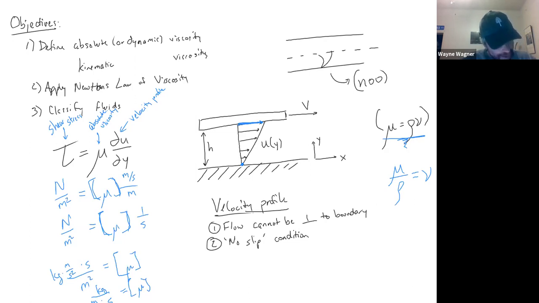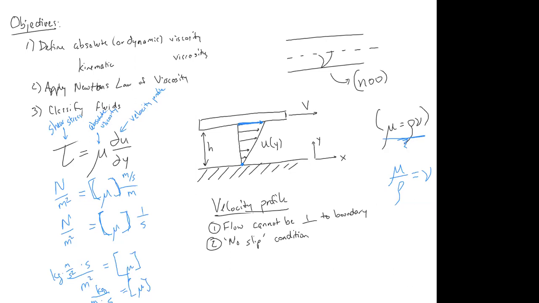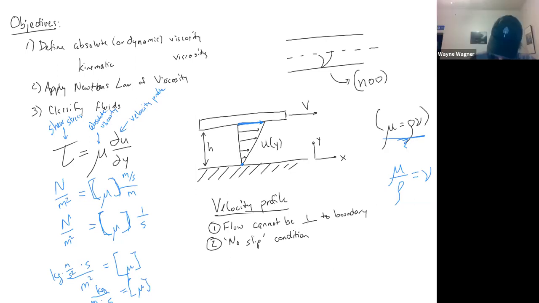Let me get back to you on this. This seems correct right here. So I think earlier when I said it was mass times length per time, I'm not seeing that. Let me check on that later. Okay, I'll get back to you guys. But anyway, this is how you just play with units to make sure that things work.